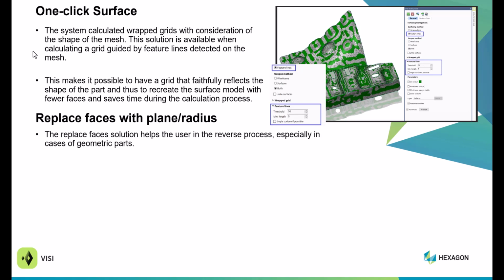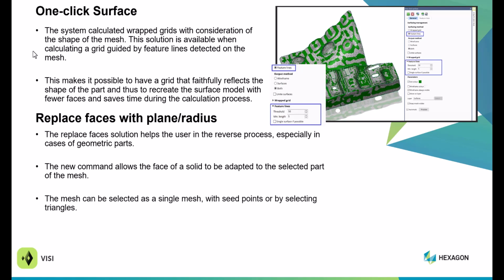Within Replace Face with Plane or Radius, the Replace Face solution helps the user in the reverse process, especially with cases of geometric parts. The new command allows you the ability to select a face or a solid to adapt to the selected parts of the mesh.